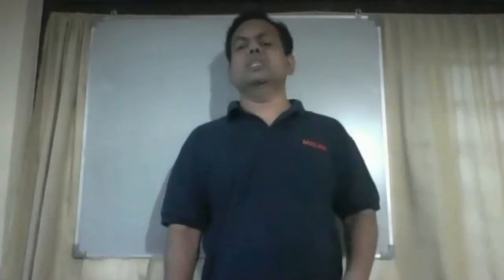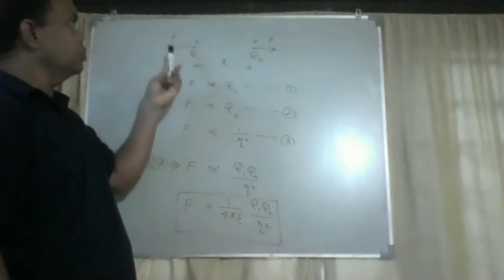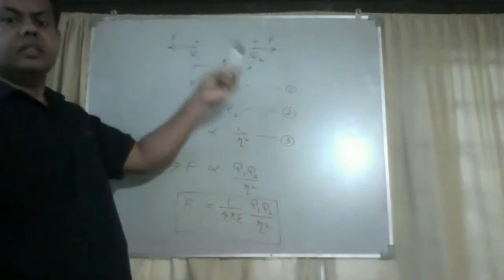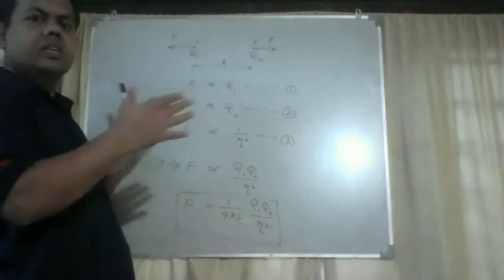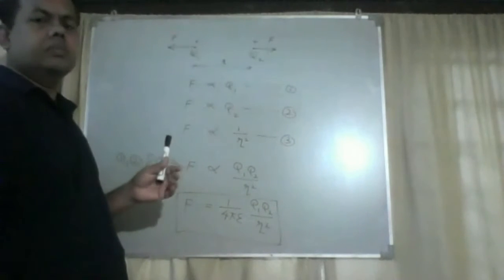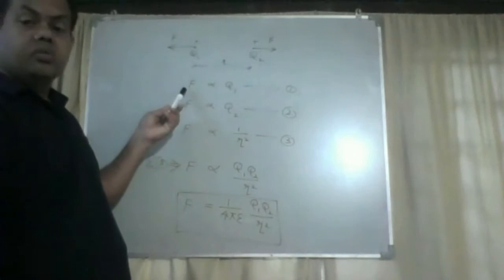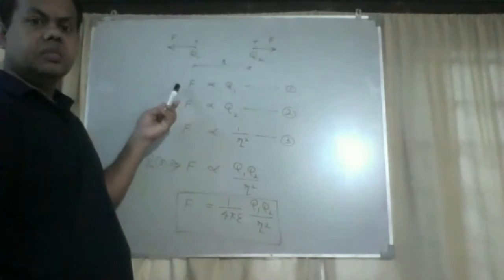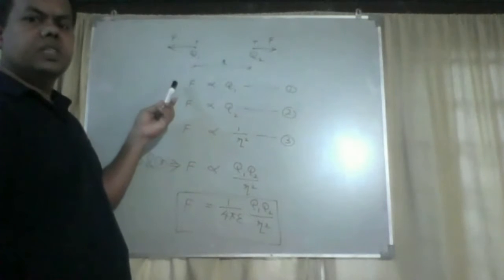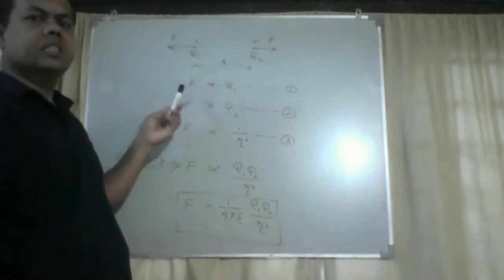Mathematically, we can express Coulomb's law as follows. Let's consider 2 point charges Q1 and Q2 at r distance away from each other. Force F is the mutual repulsive force between Q1 and Q2, like charges.